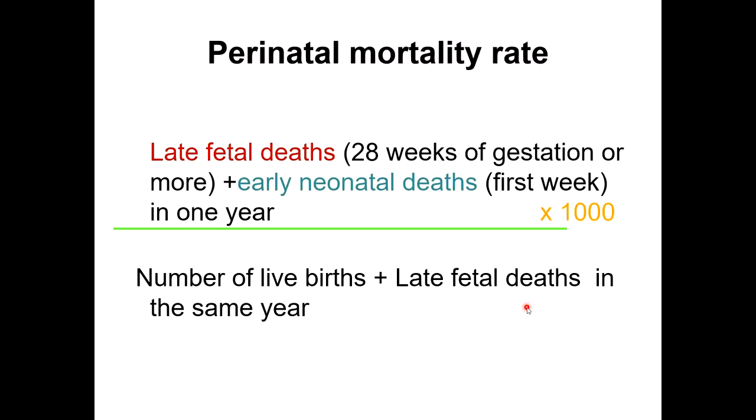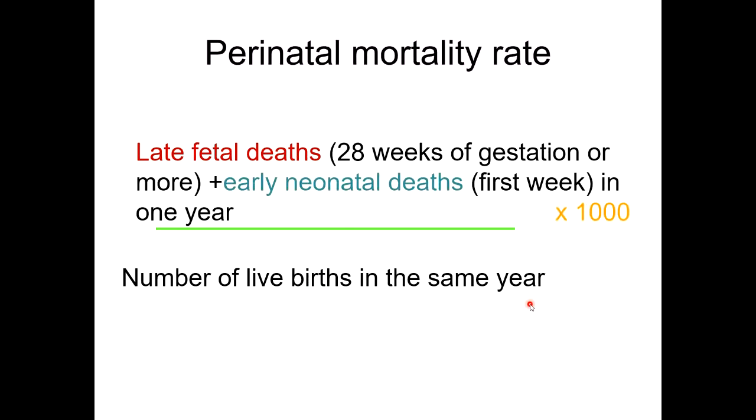So remember again, in the numerator we include late fetal deaths and early neonatal deaths. And in the denominator, we include the number of live births and late fetal deaths in the same year.